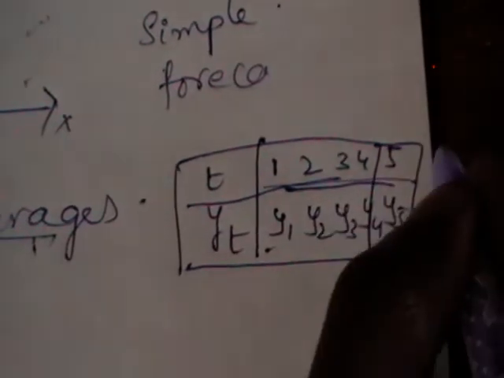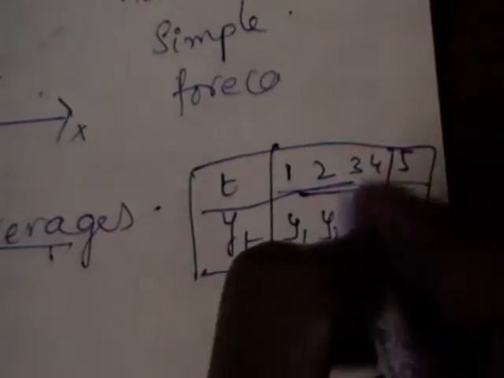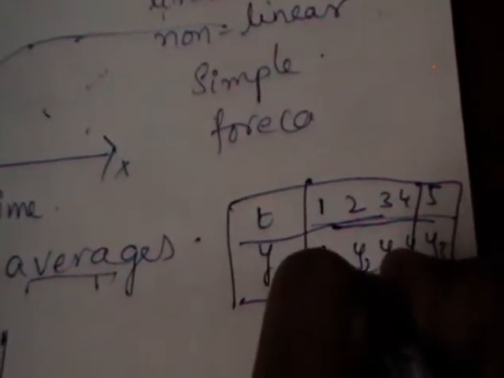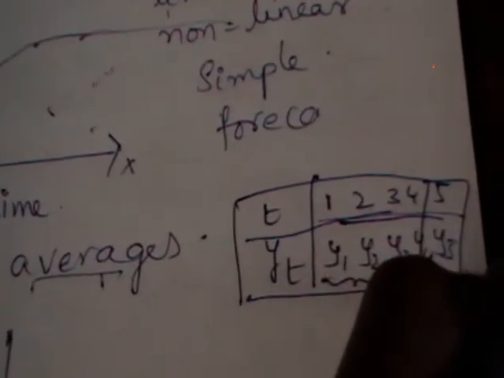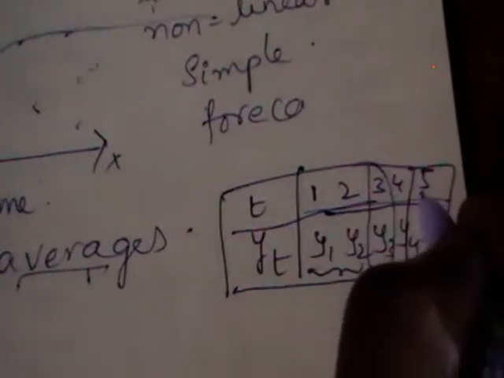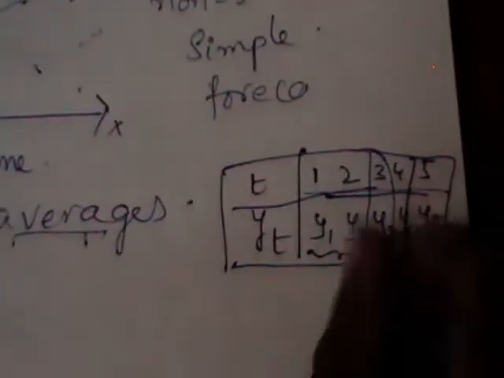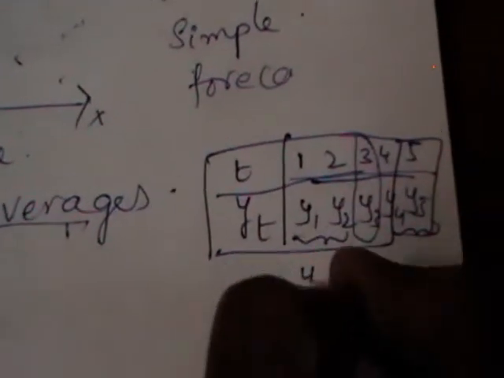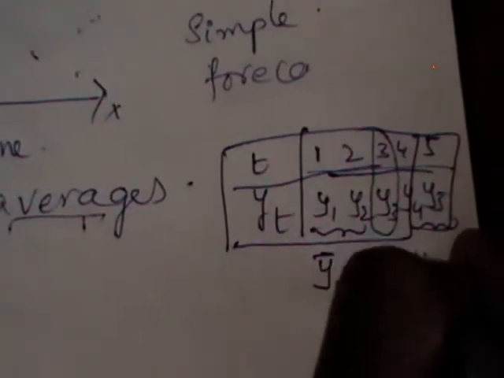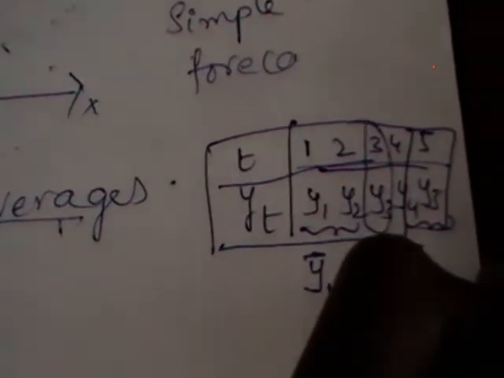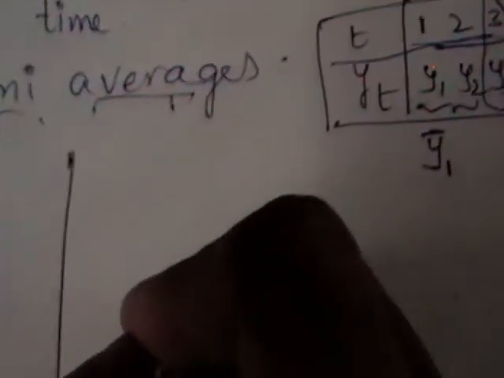As 5 is odd, you are not going to get 2 equal parts. You divide the first 2 as one part and the last 2 as another part and omit the middle one. If it is even, say you are given only 4, calculate the average for the first 2 and the average for the second 2. You will get 2 averages, y1 bar for the first part and y2 bar for the second part. You plot those two values on the graph.